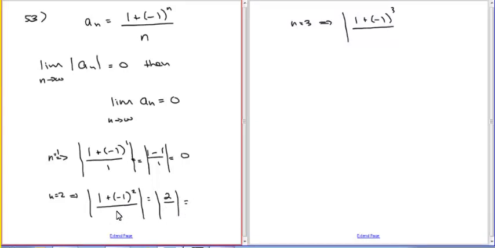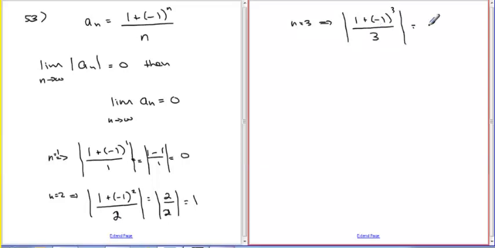So that's 1, 1, 2, again, 2, 2, 1. Okay, and then we have 3 here. So what do we get there? We'll get 0 over 3. That's the value. 0 over 3 is equal to 0.